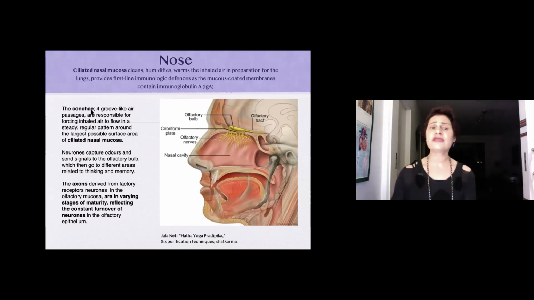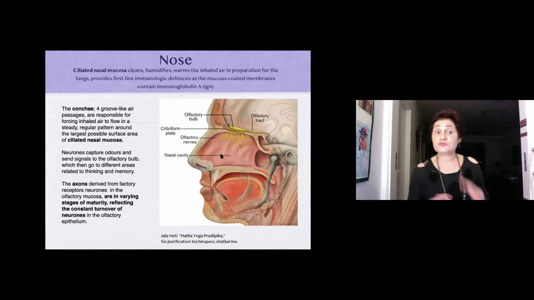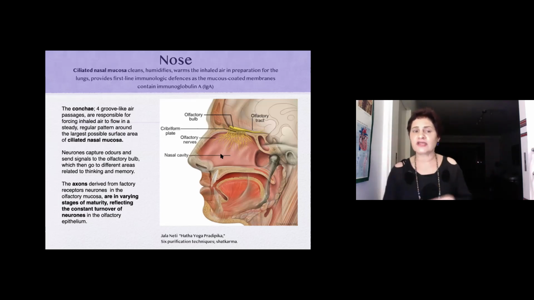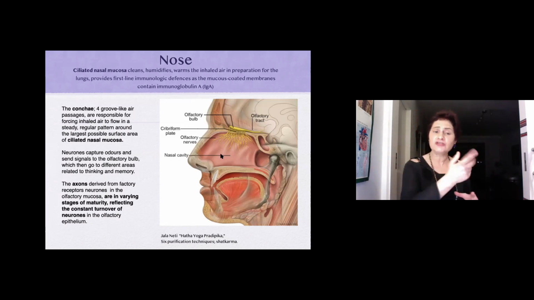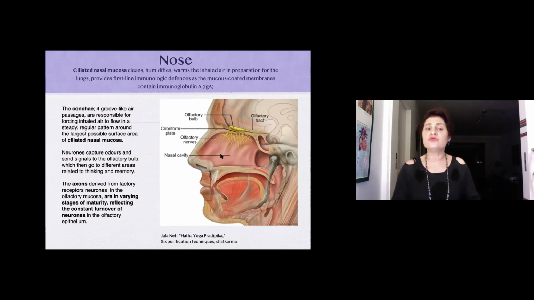Now, the concha, this word comes from the Italian word conchiglia, and in fact, the nasal cavity resembles a shell. There are these four groove-like air passages that are responsible for forcing inhaled air to flow in a steady, regular pattern around the largest possible surface area of ciliated nasal mucosa. Why is that important?